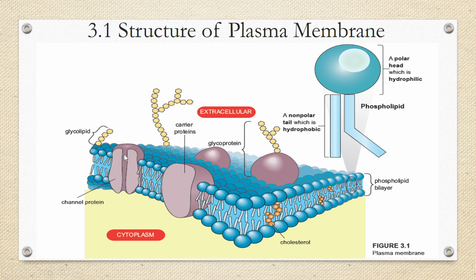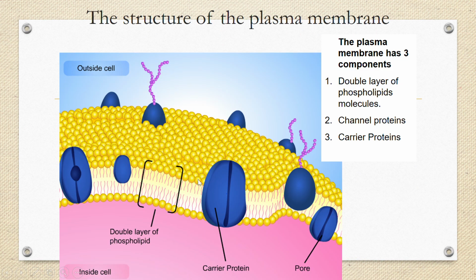The channel protein has a tunnel, a channel that allows certain substances to go in and out. Also, you have the carrier protein. Usually, the schematic diagram is drawn in this manner, with a specific structure or shape to bind with a certain substance.